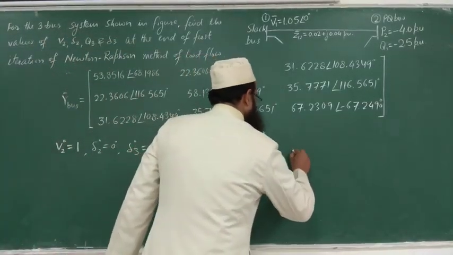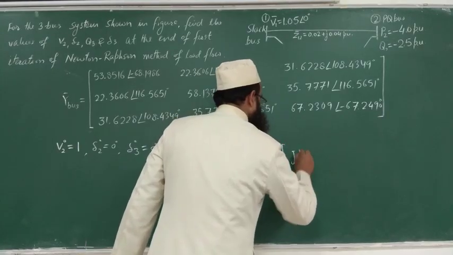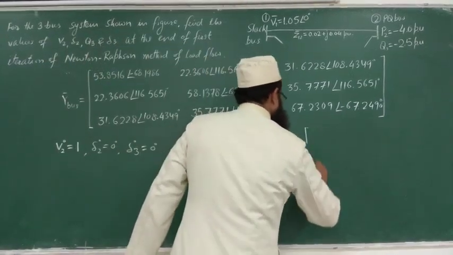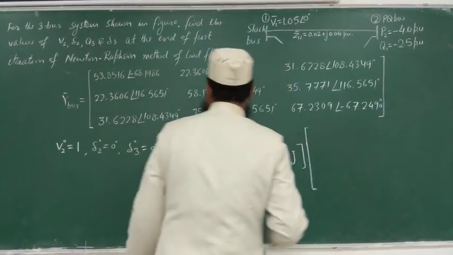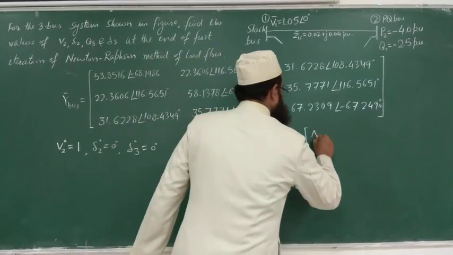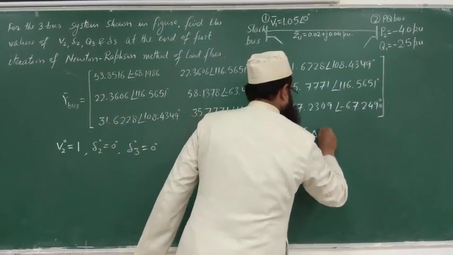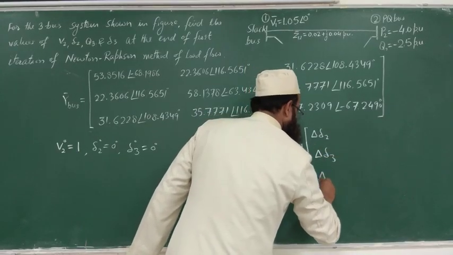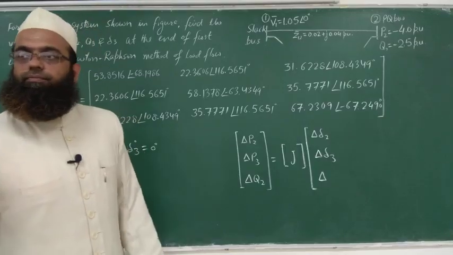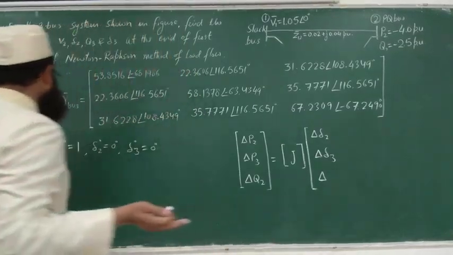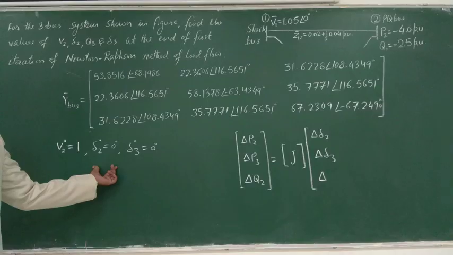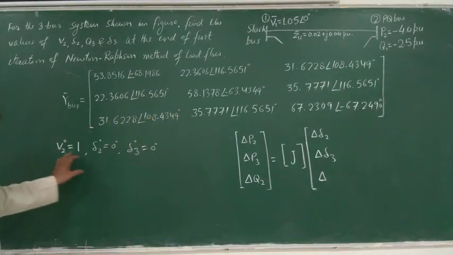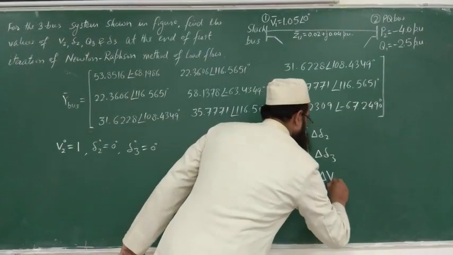So using the relation, write the Jacobian matrix. Later on we will discuss how to evaluate the elements of this matrix, and the correction vector corresponding to the variables, which are delta 2, again delta 3 and the last one. See here, these are the variables. So corresponding delta will be there, right? So del delta 2, del delta 3 and del V2.